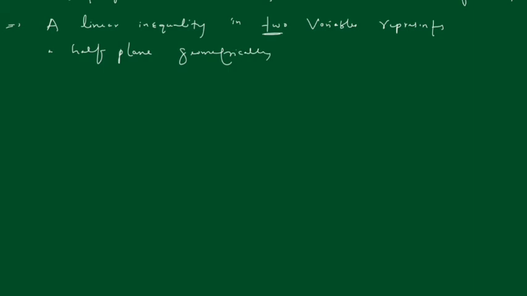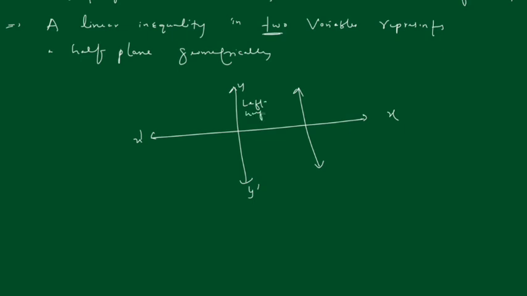Geometrically, let's see. So it is our y-axis, x-axis, negative x-axis, negative y-axis, right? If we have a line, this is the left half plane and this is the right half plane. Usually two half planes are represented when they are in two variables.